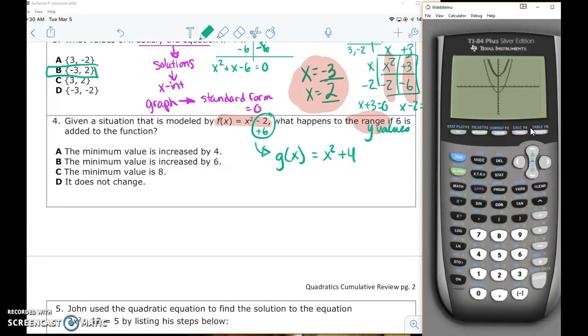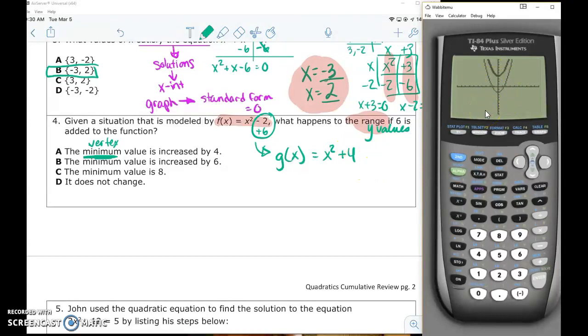Here's my new. I can see on my calculator that my graph went up. Choice A says the minimum value is increased by 4. Okay. Minimum value, so the bottom of the graph, the vertex, is increased by 4. Our graph went up to 4.